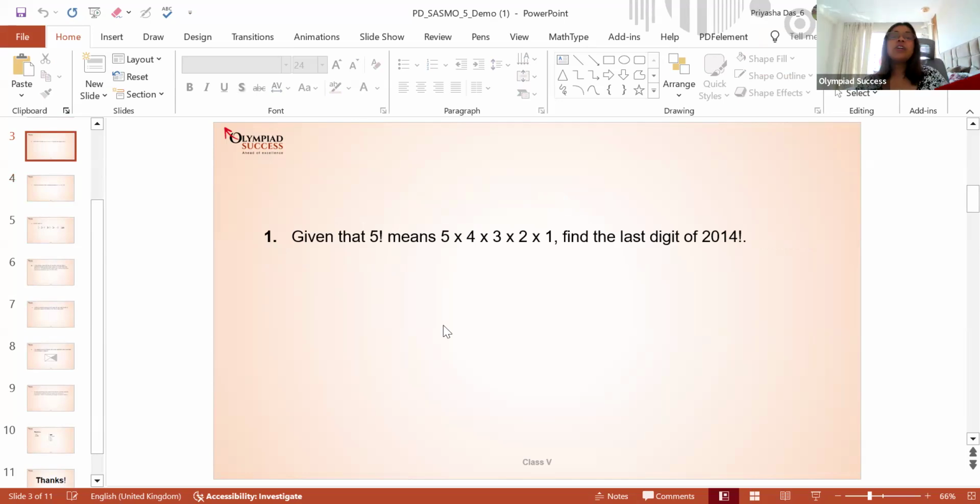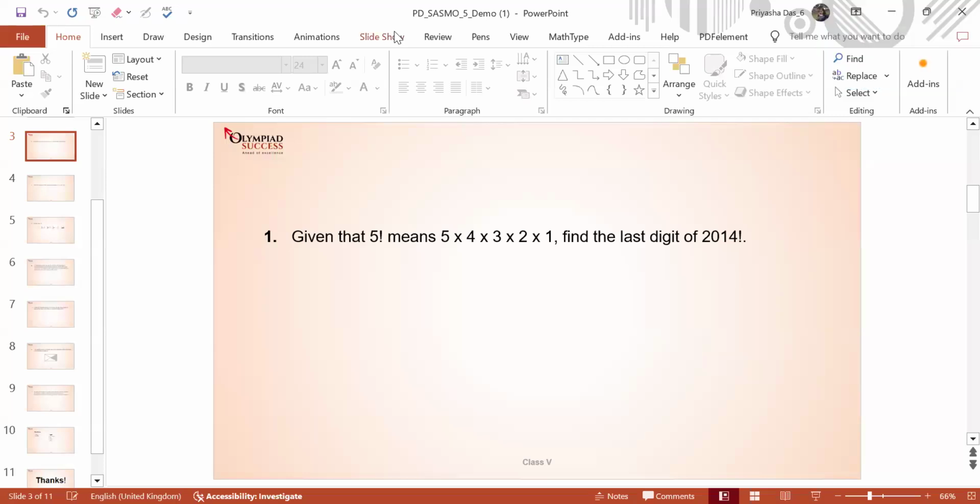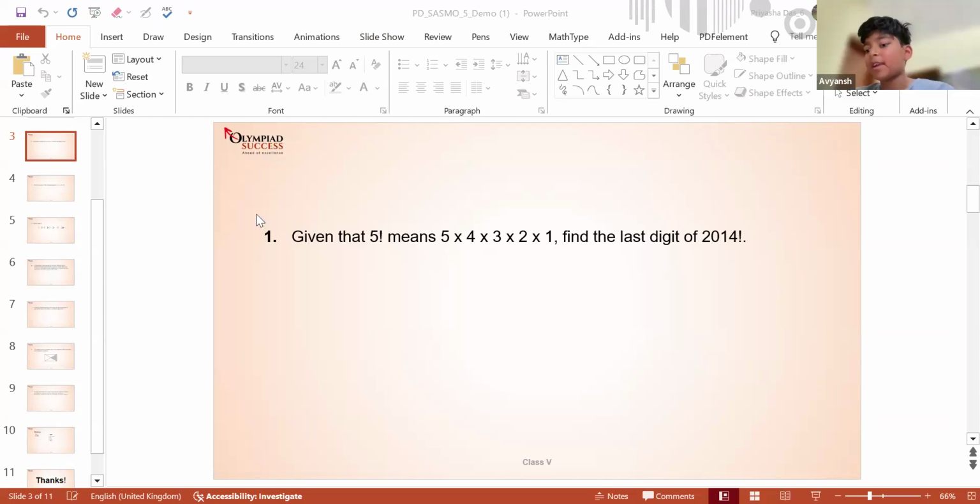So when we are doing factorial of a number, we are multiplying that number with all its predecessors till 1. So it's like 5, 4, 3, 2, 1. If the number's 7, you do 7 times 6 times 5 times 4 times 3, and so on.